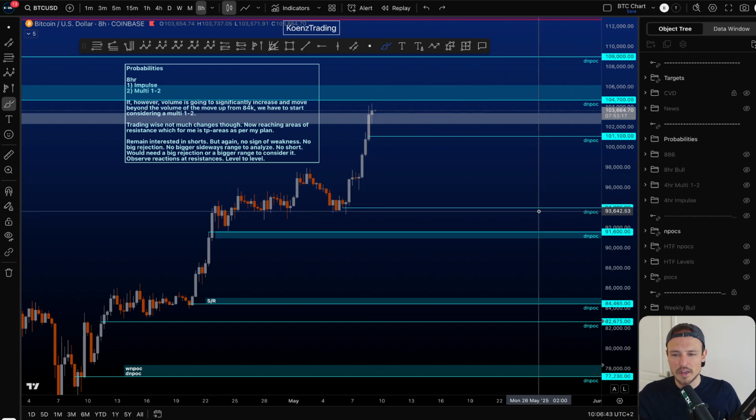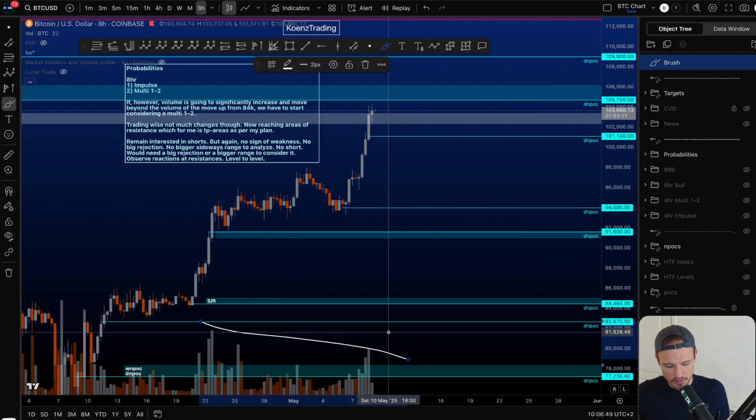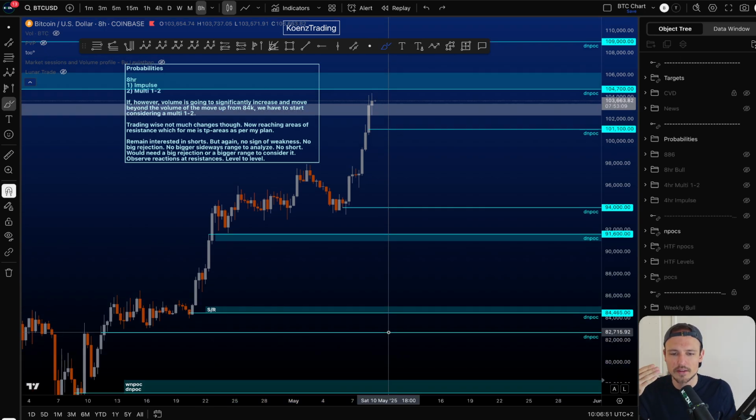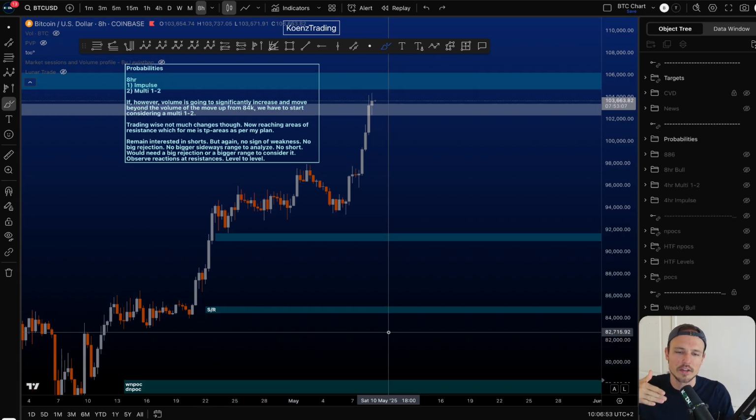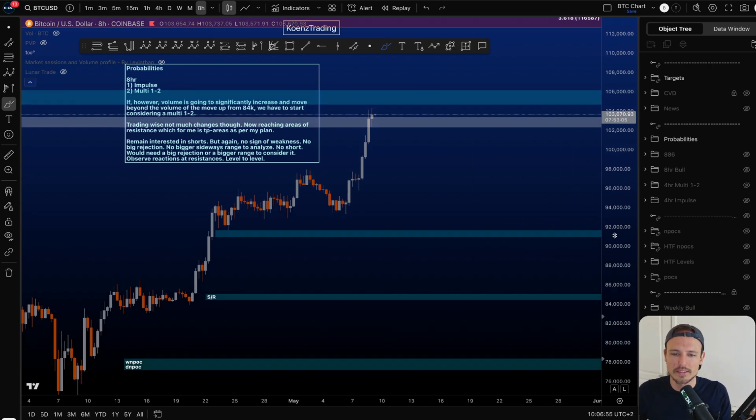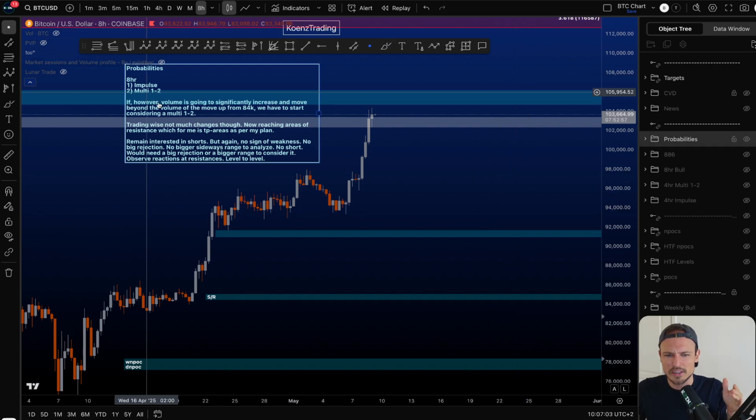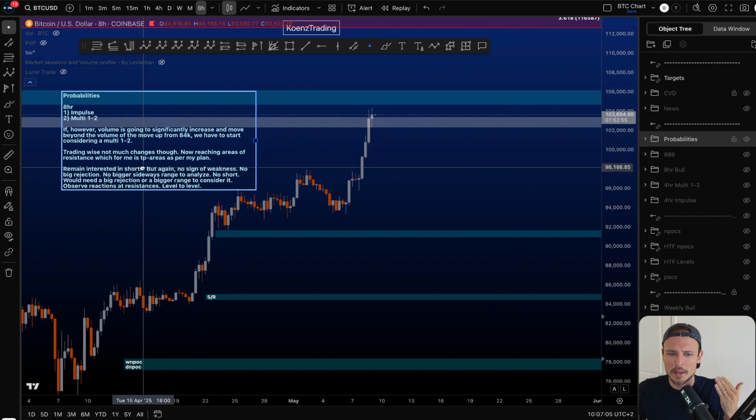So just something I'm playing with in my mind because the weekend is coming and the volume is lower. So therefore, I am currently in my mind thinking about 4 5s instead of a multi-1-2 as the higher probability, and keeping those 4 5s in mind with the weekend coming as well, which generally creates a ranging sideways structure. I currently have something like this in my mind.